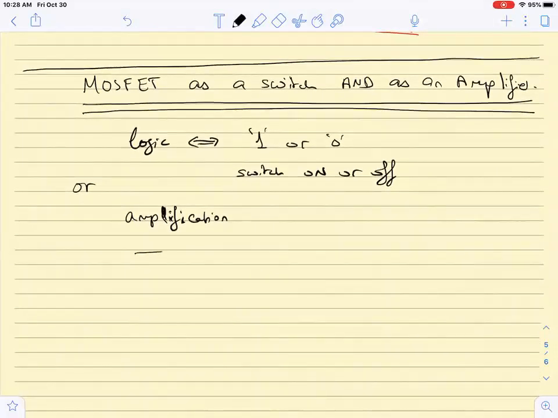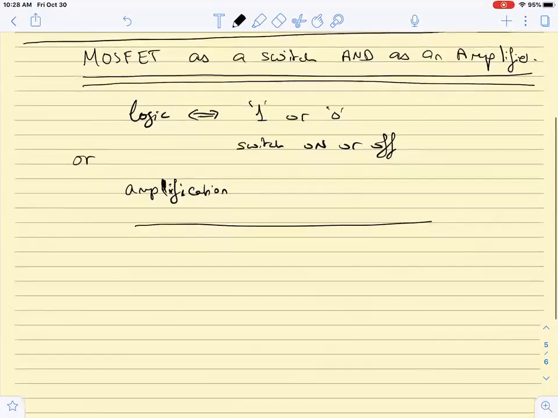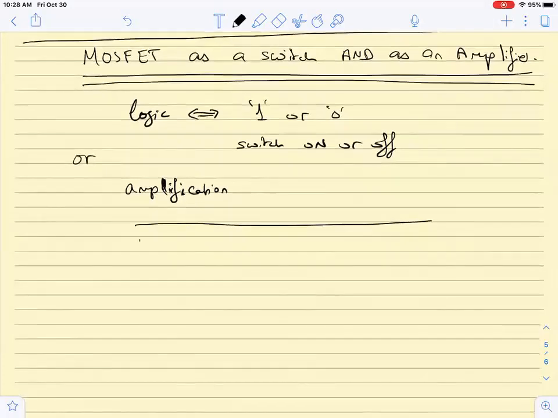What we are going to see now is a circuit that, depending on what region we operate it in, can act either as a logical switch or inverter, or as an amplifier.